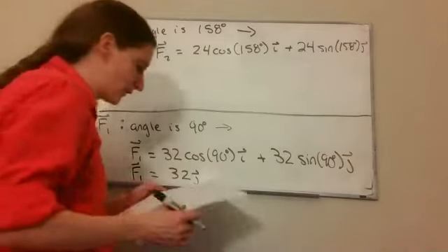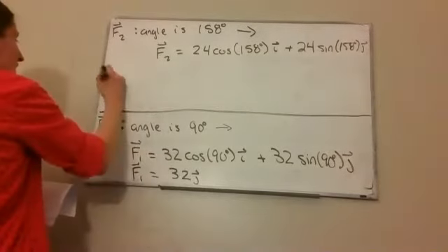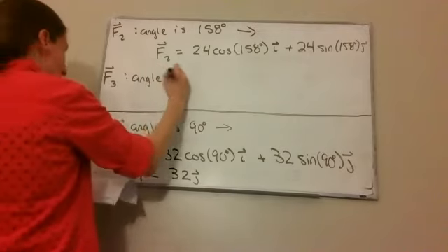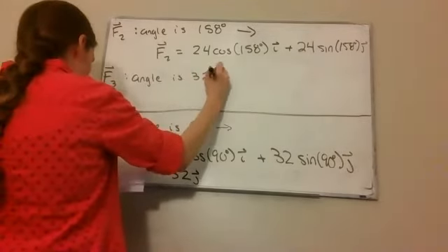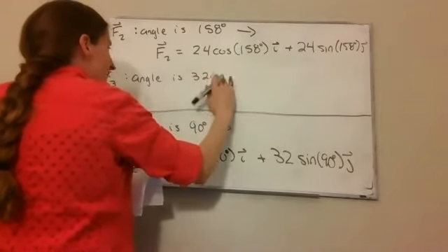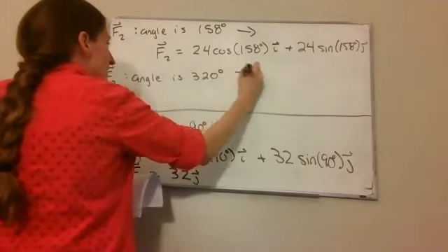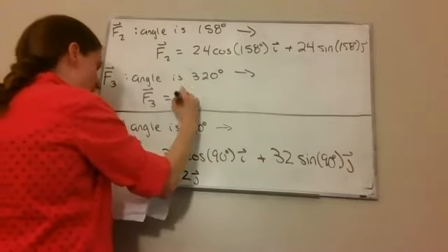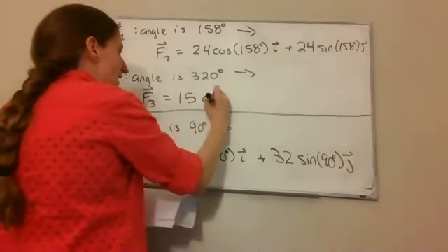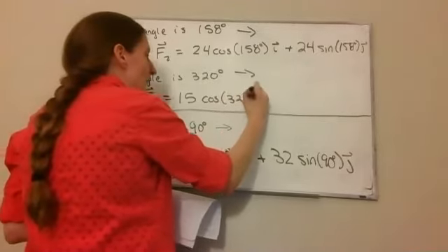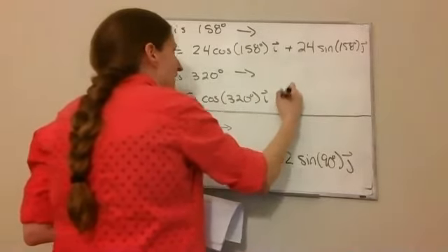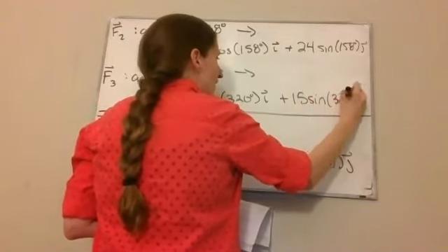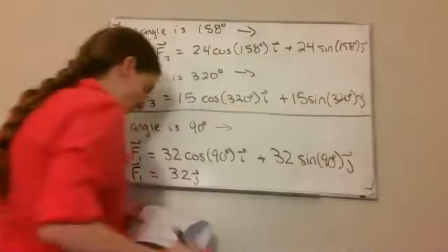It's not on my unit circle. Now doing F3, same idea. My angle is 320 degrees. So that means that F3 is equal to its magnitude, which was 15, cosine of 320 degrees i, plus 15 sine of 320 degrees j.